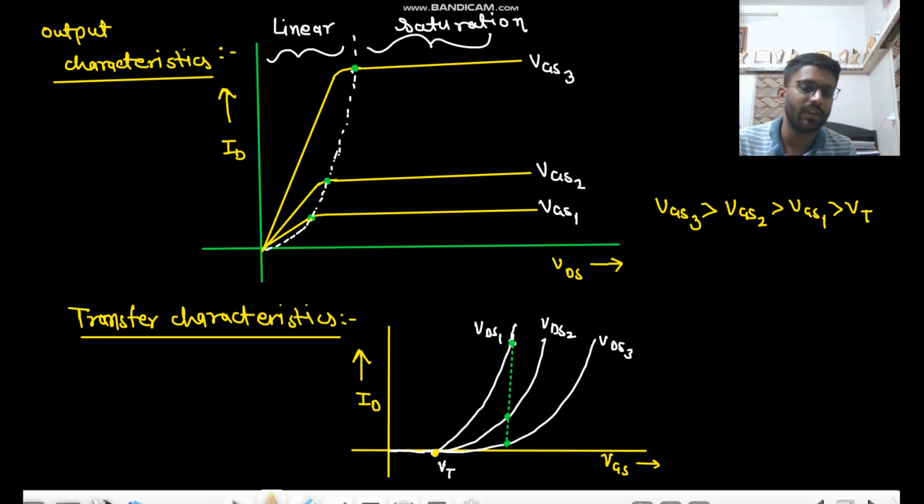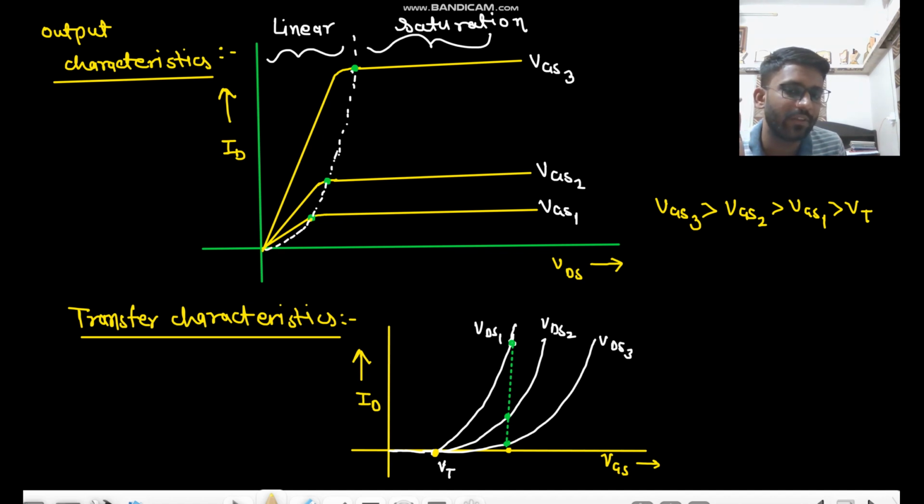Now if we talk about the VDS value in this one, which one is higher? VDS1 is higher or VDS3 is higher? There is also one hint, the green line you can see. VDS1 is higher. Why so? Because if we apply more potential, the current will be more. This VGS value is the same for all three curves, VDS1, VDS2, VDS3.